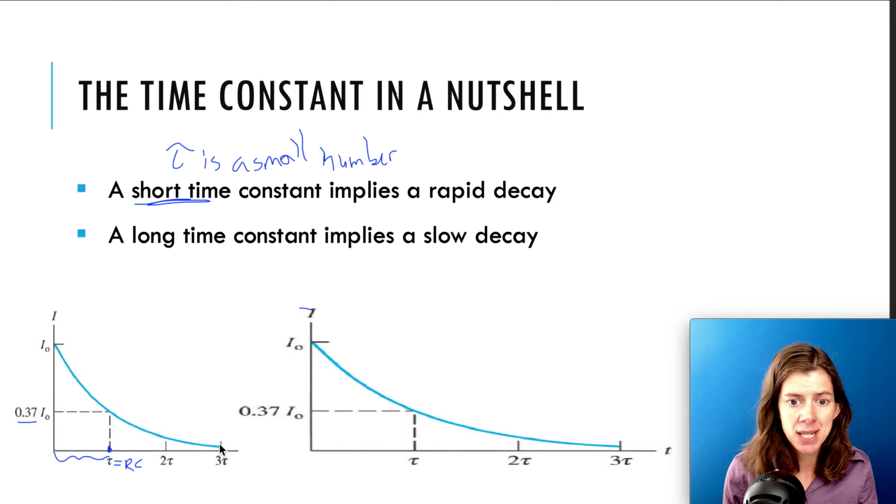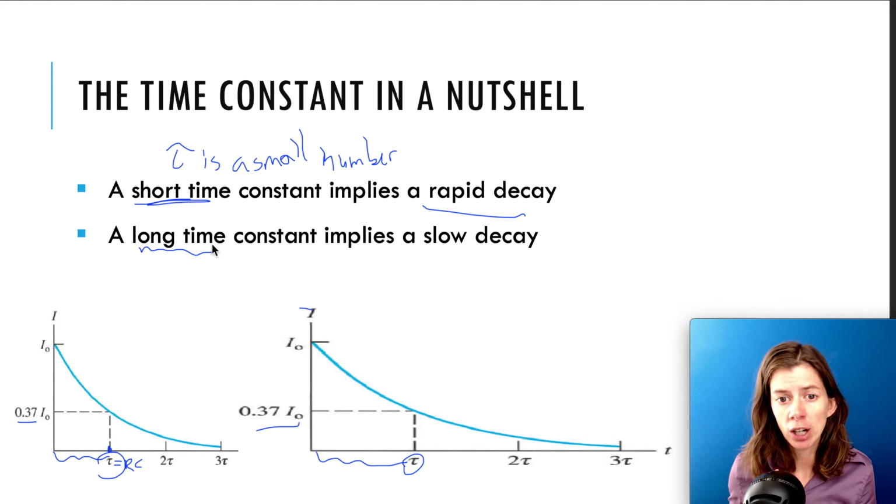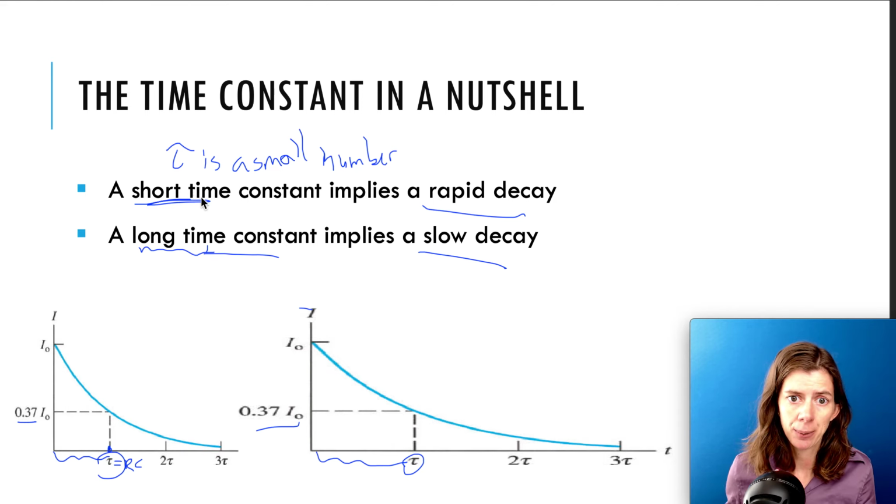After 3 time constants or after 10 time constants, you're basically down to 0 current. If you have a long time constant, all I did is stretch out this graph on the x-axis, and you can see it's going to take longer to decay, because this tau is bigger than this one, so it takes longer to get down to 37% and to get down to 0. So really remember this: a short time constant is a rapid decay, and a long time constant is a slow decay.